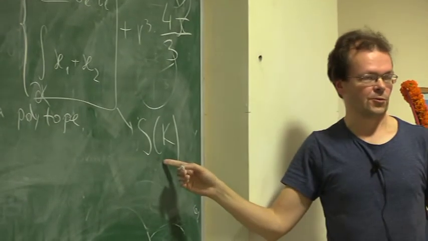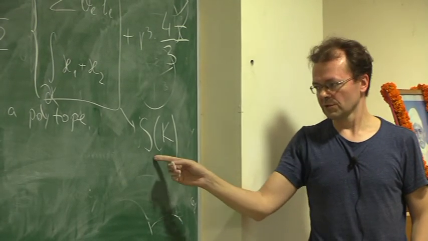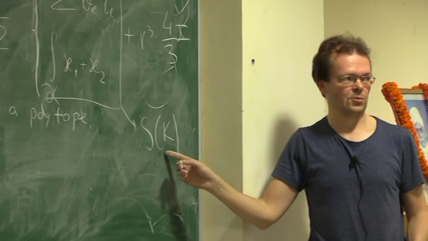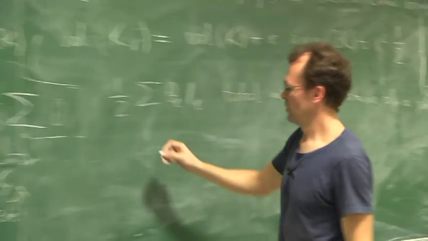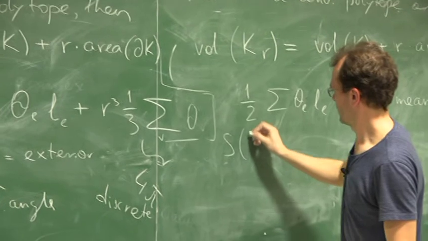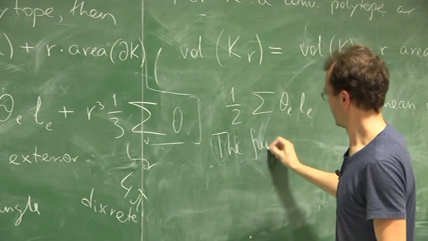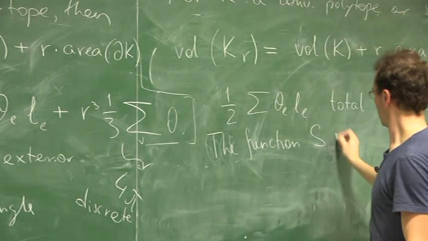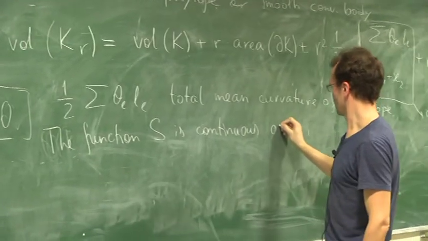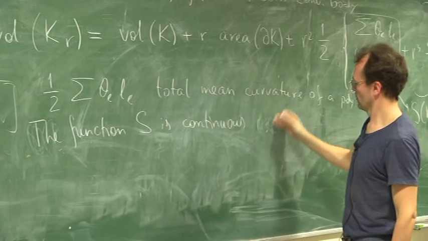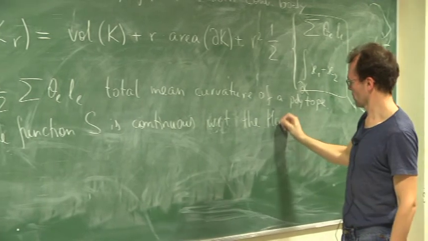And we have defined S of K only for polytopes and smooth bodies. In fact, this S of K is continuous with respect to the Hausdorff metric on the space of convex bodies. So the function S is continuous with respect to the Hausdorff metric.